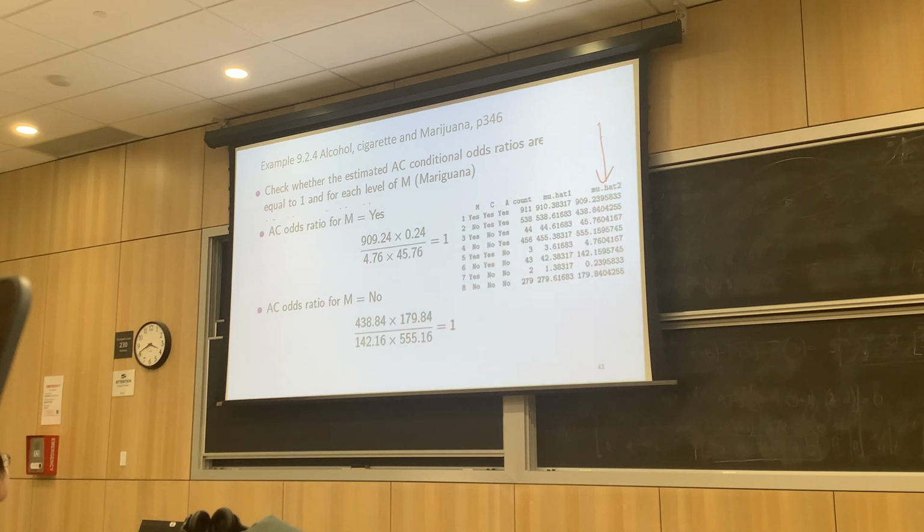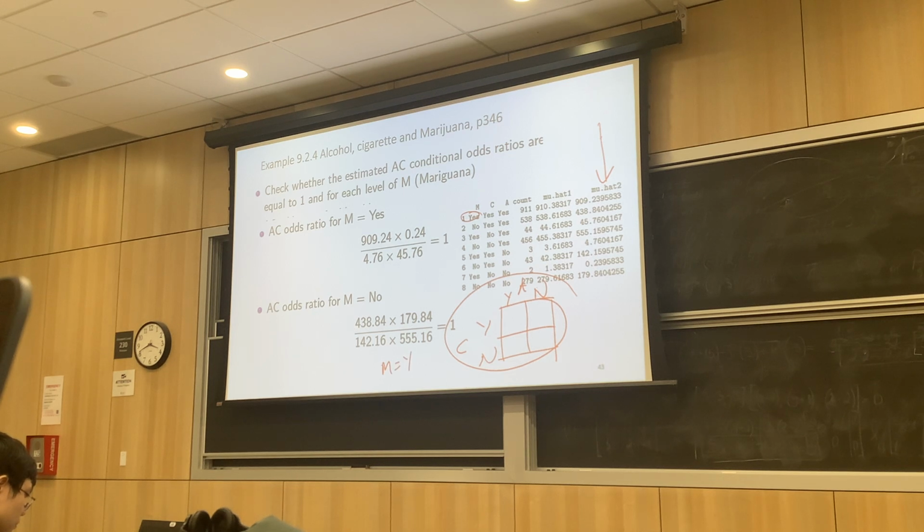Now I did that. So I took marijuana equals yes, and then wrote the AC table, with cigarette yes, no, and alcohol yes, no. And calculate the odds ratio for this table, maybe for one of them, marijuana equals yes.